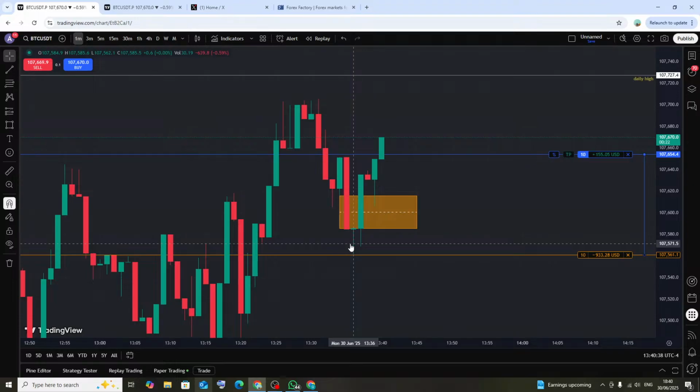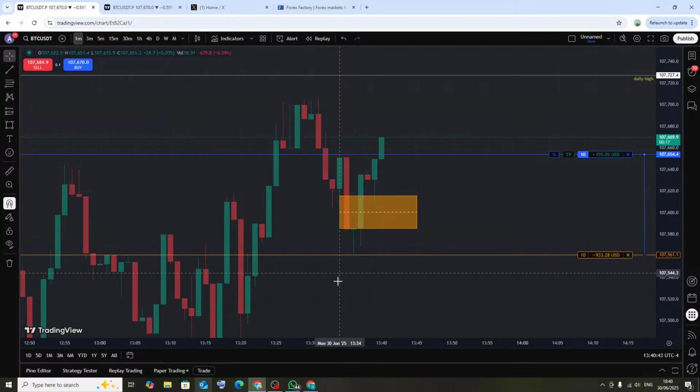Stop loss should be 107,561.1. We're losing just two, and we're looking for 107,900 from here.